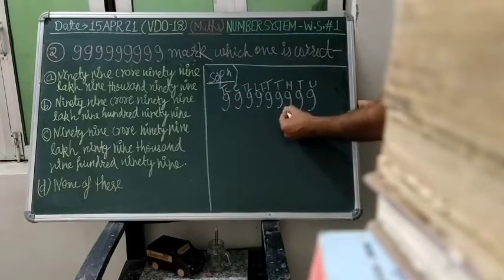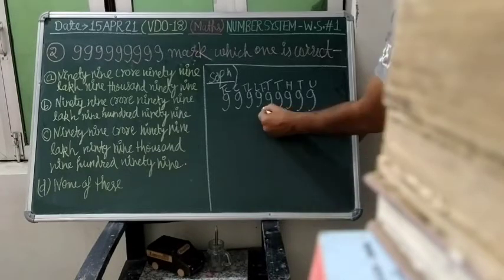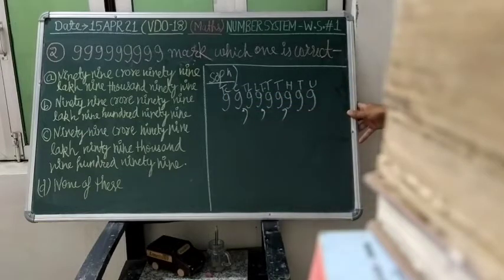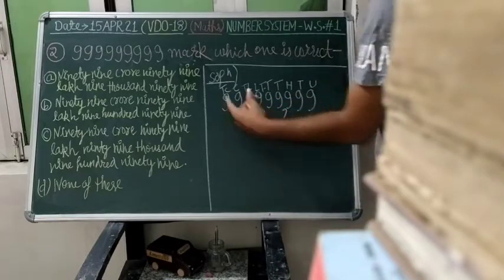The Hindu-Arabic system tells us to put the comma after 3 digits, then after 2 digits. So here 10 crore is coming.